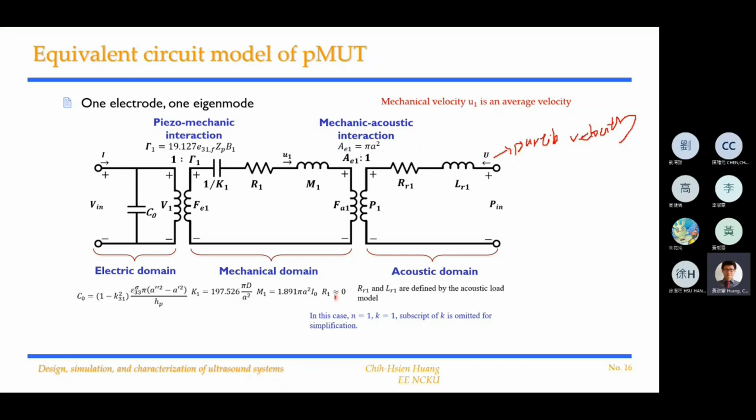So this actually acts exactly like the models you have in an electronic circuit. You have converters with converting ratios, transformers, and all the impedances, how the impedance is defined.